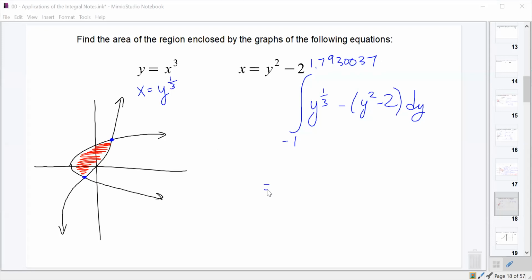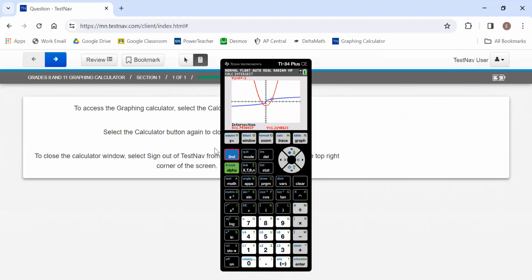We can do this real easily, actually, when we hit math, option 9. And we're going to integrate, as we said, from -1 to 1. We can use this nice little trick, since we're doing the rightmost function minus the leftmost function. Our rightmost function was listed as y1, and our leftmost function was listed as y2 in here.